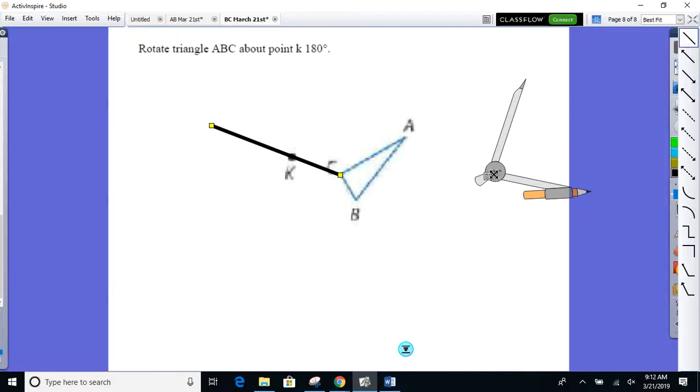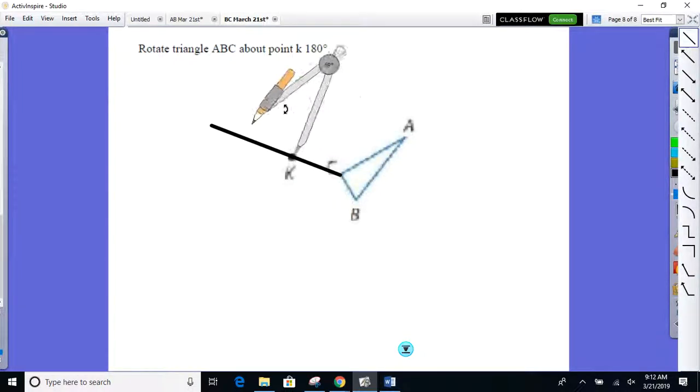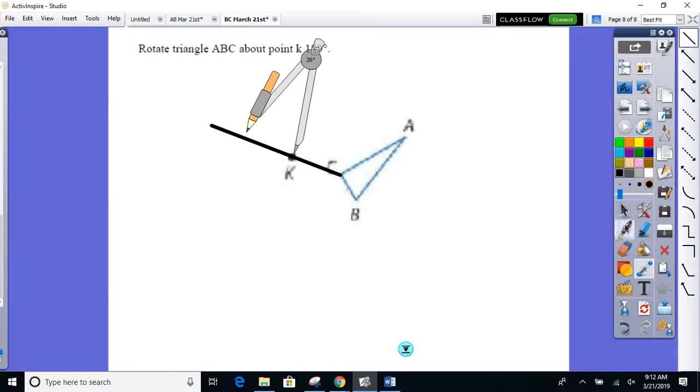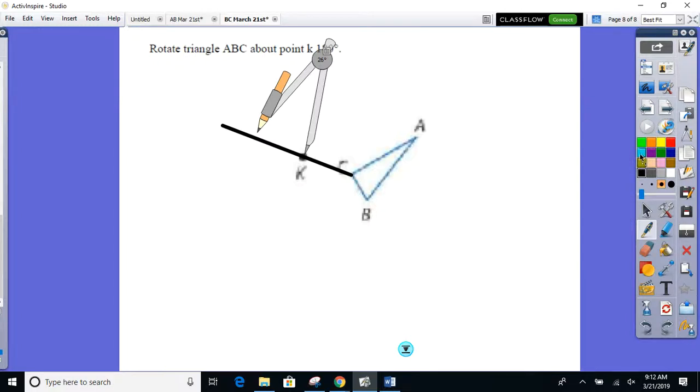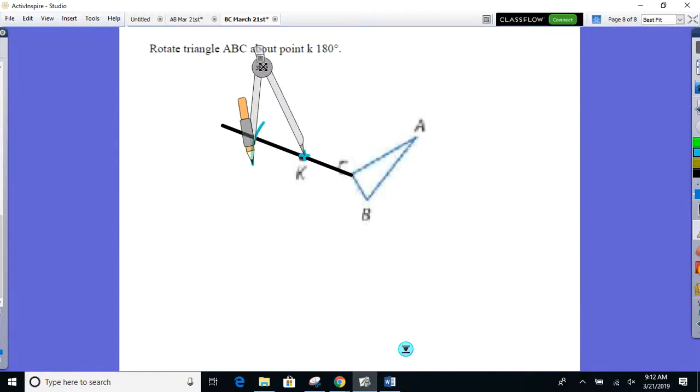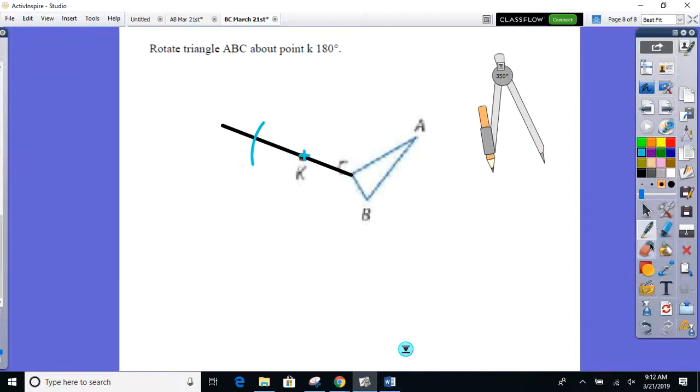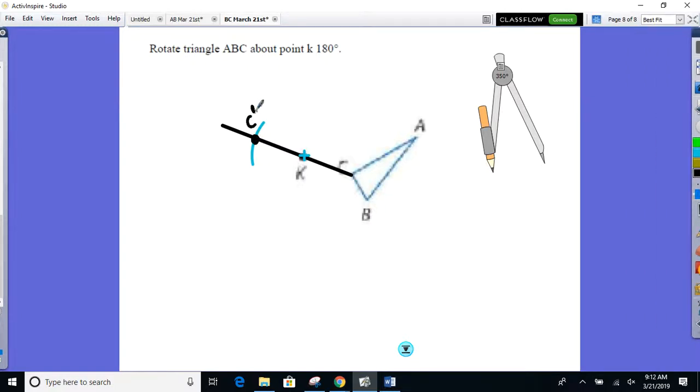All I need to do is copy from C to K on the other side. So everything's just going to be on the other side of K, copying it over.